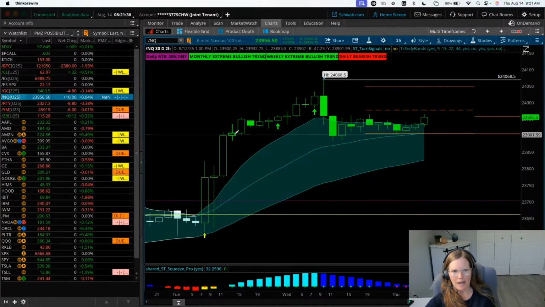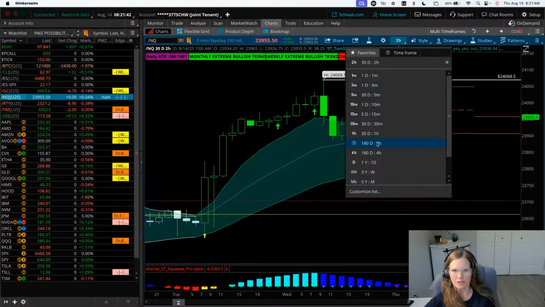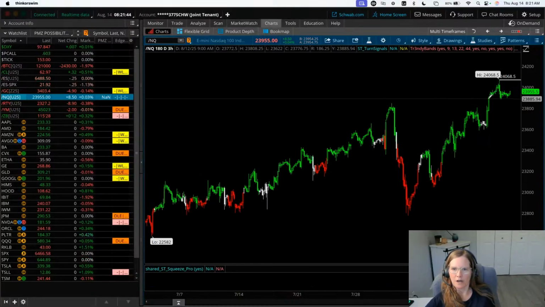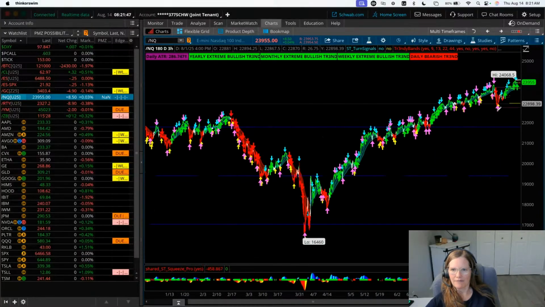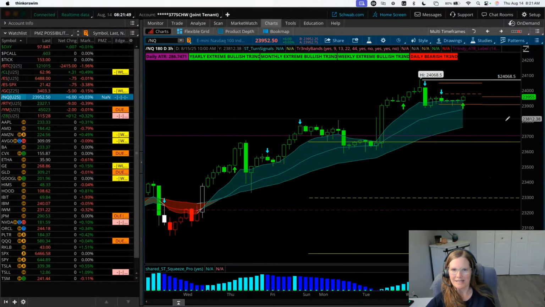Notice on the 2-hour, this candle is not an inside candle. I simply change the time frame that I'm looking back and find that nice inside and up candle formation and then mark the zone accordingly.